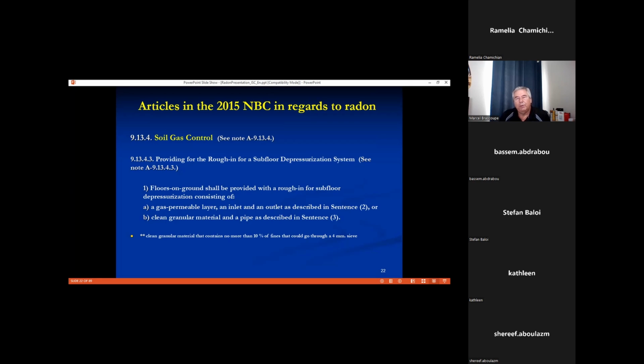Floors on ground shall be provided with a rough-in for subfloor depressurization consisting of a gas permeable layer, an inlet, and an outlet, as described in sentence 2. So again, here, what we're actually referring to is clean crushed stone underneath your concrete floor slab.